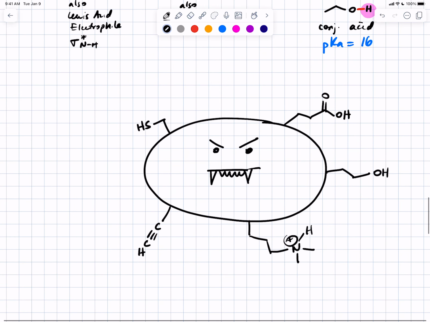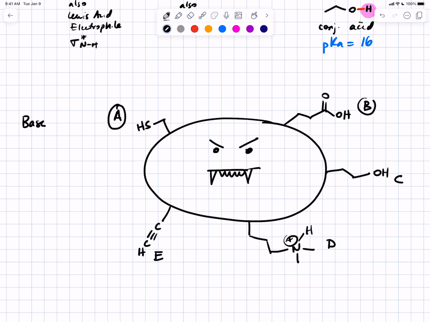And then I have a list of bases, and I'll even make this in pseudo multiple choice format for you. Circle the options. I'll ask, for this particular base, which of these protons can this base remove?